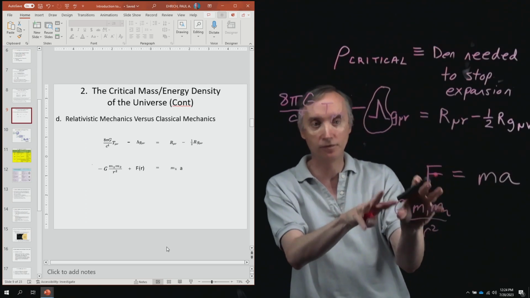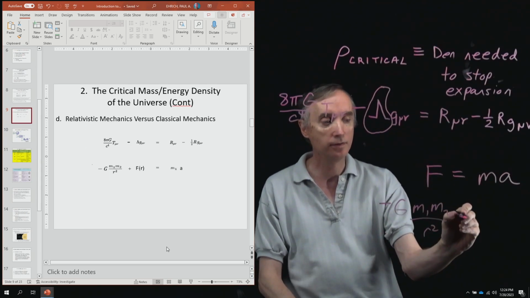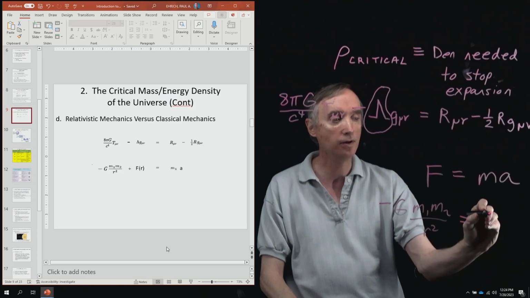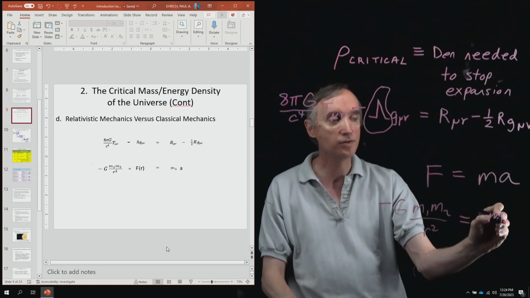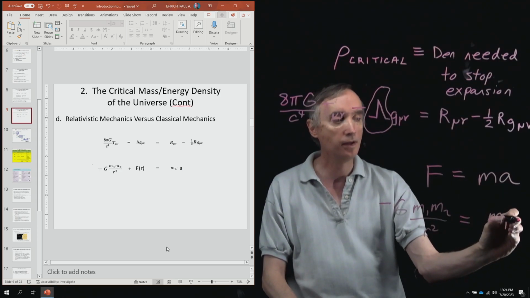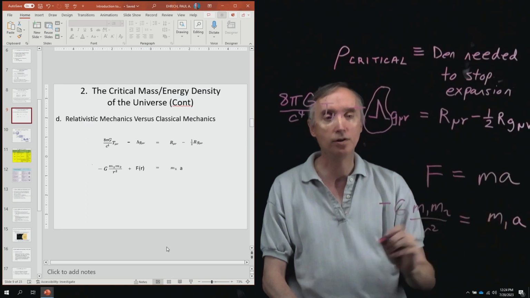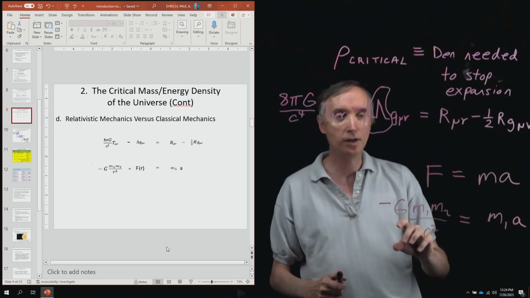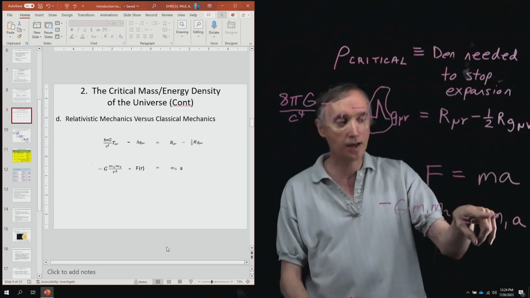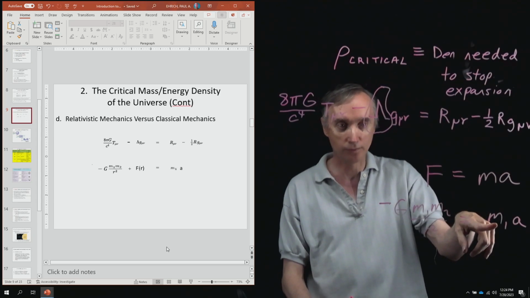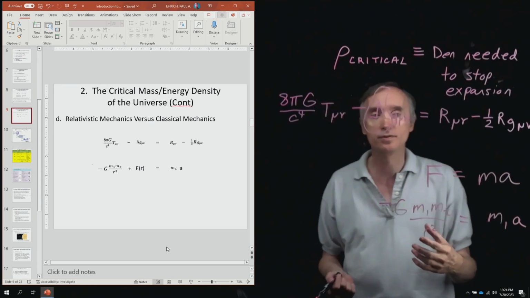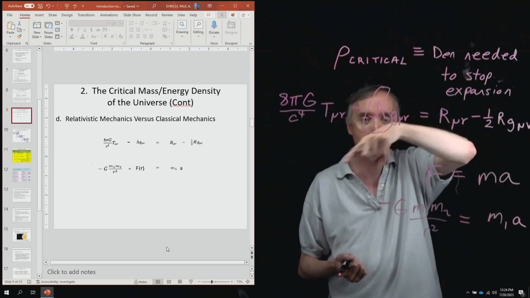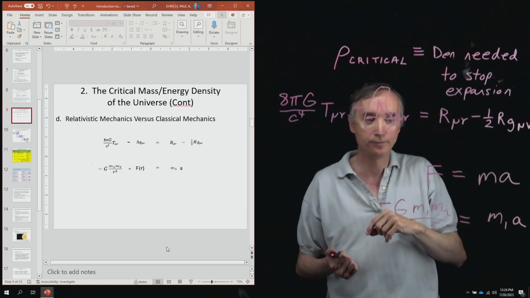So that would be the force, and on this side over here, instead of m, we could say that it's m1 and then a, and then we could calculate the force of gravity acting on a mass m. What we found was that it would cause a planet to go into an orbit.